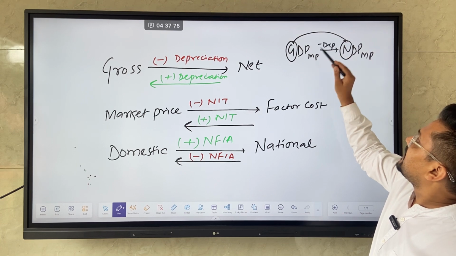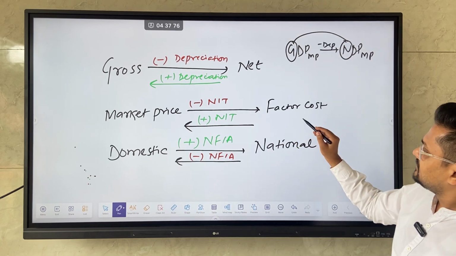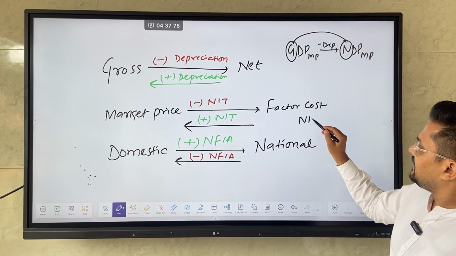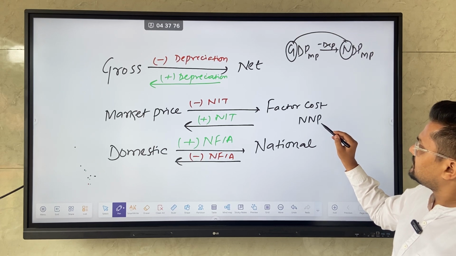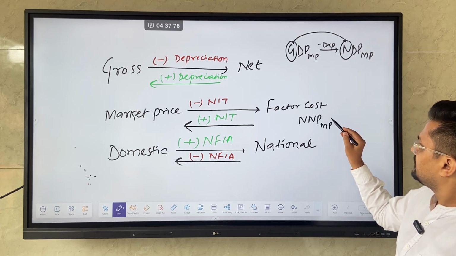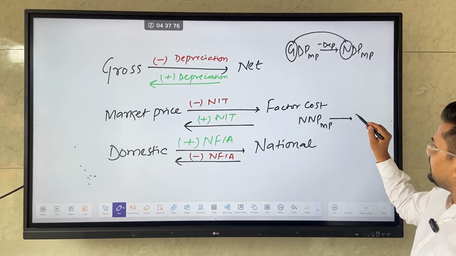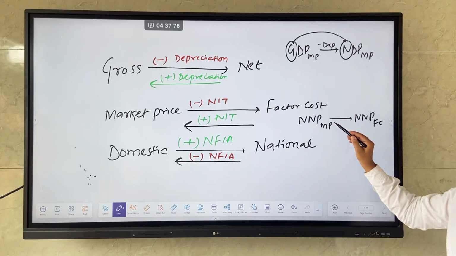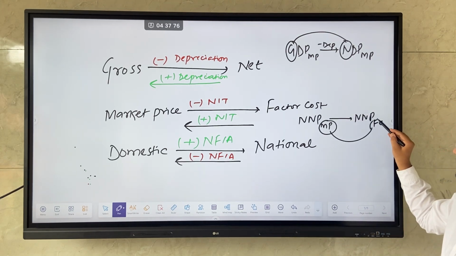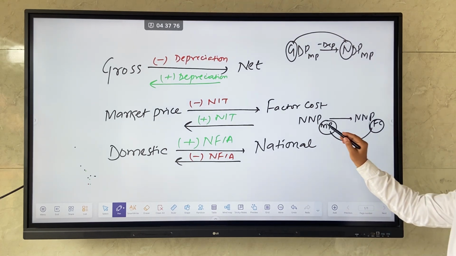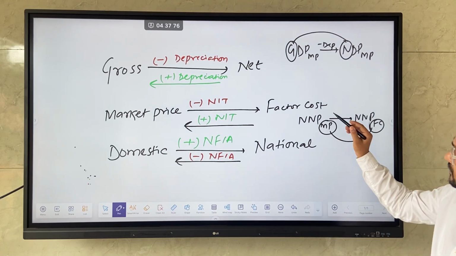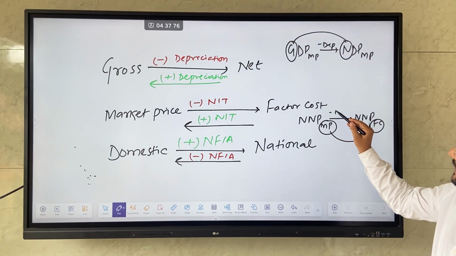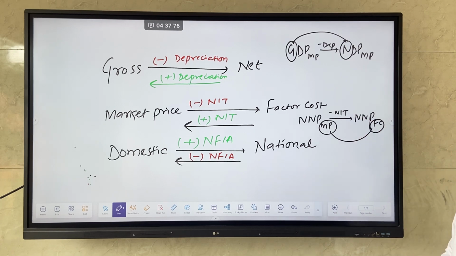Depreciation has to be subtracted. In this case, suppose we have NNP at market price. From this we have to get NNP at factor cost. So again you see the difference, MP to FC, right? So we are going to subtract NIT.